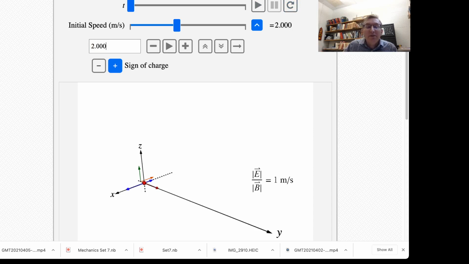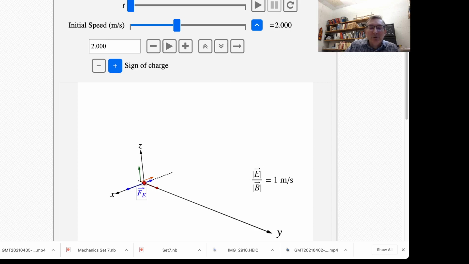All right, now with v larger than the magic value of E over B equal to 1 meter per second, and the v is what determines the magnetic force, remember, F magnetic is qvB, we start out with a magnetic force that's bigger than the electric force. And sure enough, there's the arrow for F magnetic, and you see it's twice as long as the F electric.